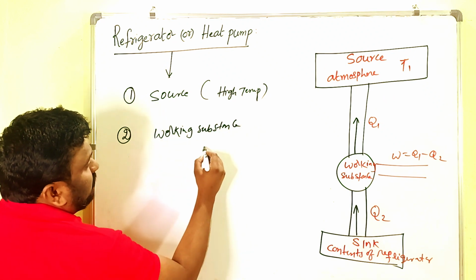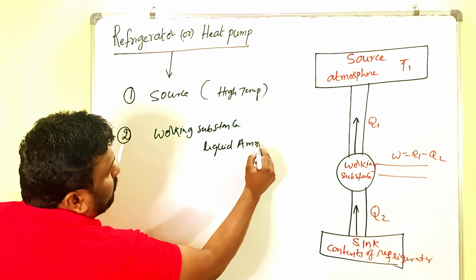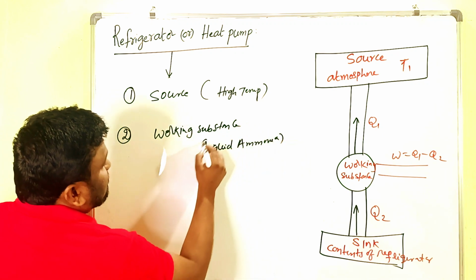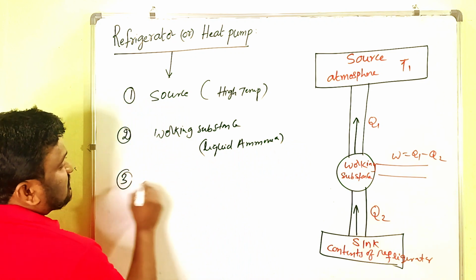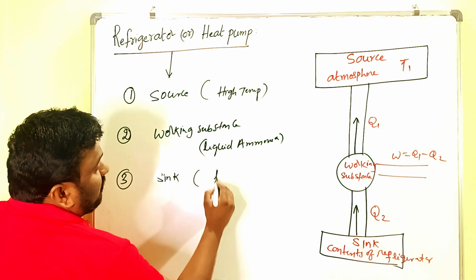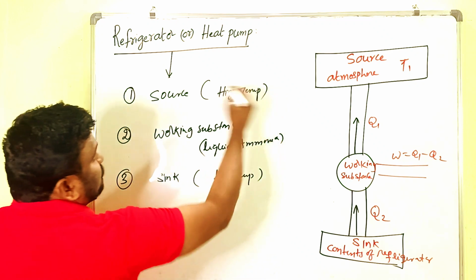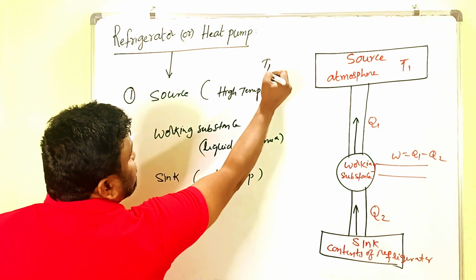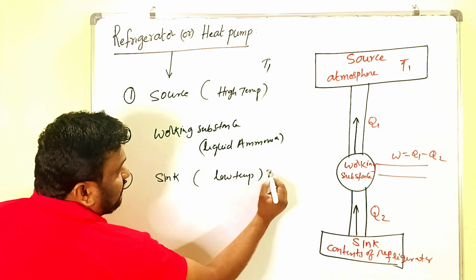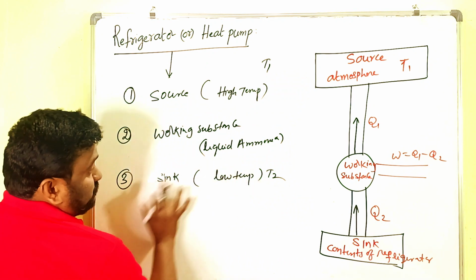Most probably liquid ammonia can be taken as the working substance. And third one is the sink that can be operated at the low temperature. So the source is maintained at the high temperature T1 and the sink is maintained at the lower temperature T2.